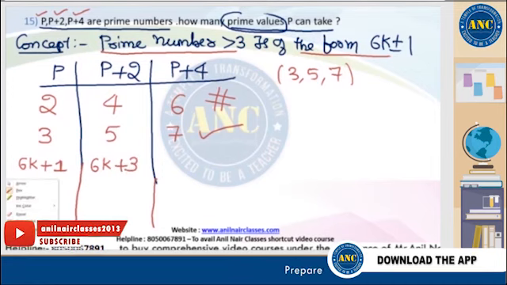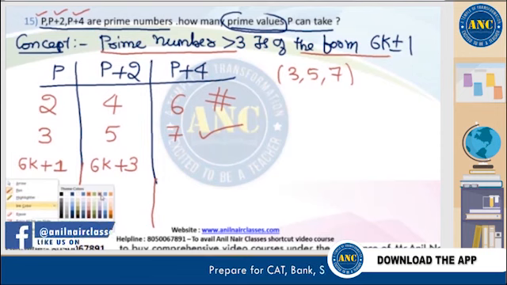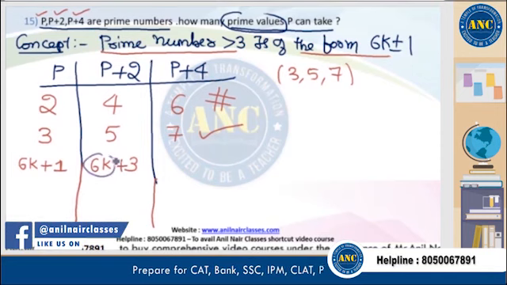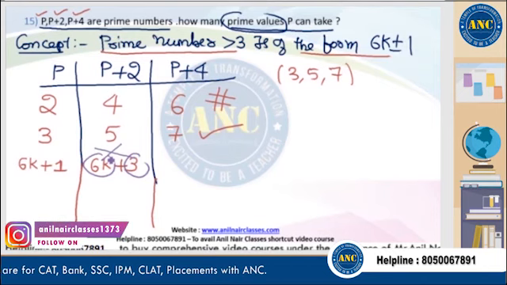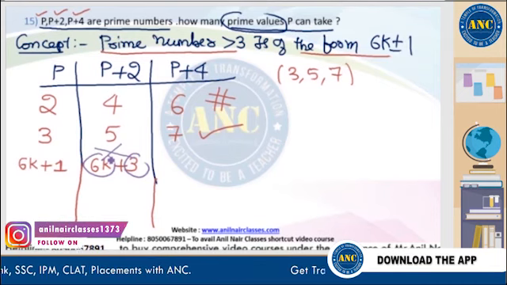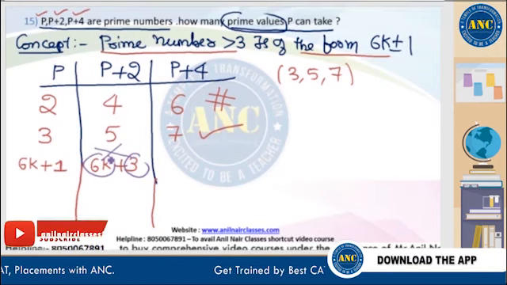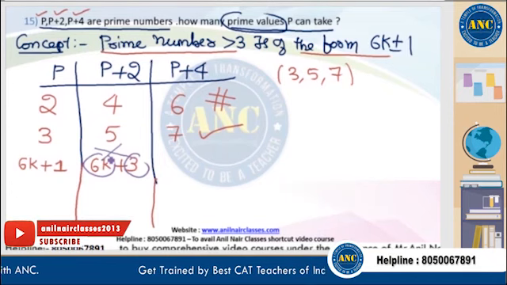If you observe closely, 6k plus 3 is divisible by 3. If I add two numbers which are divisible by 3, the answer also will be divisible by 3.